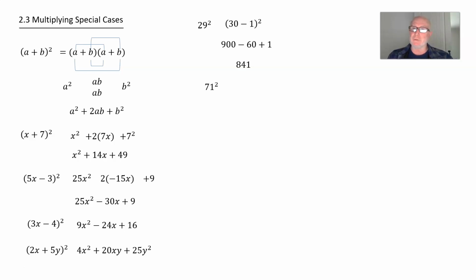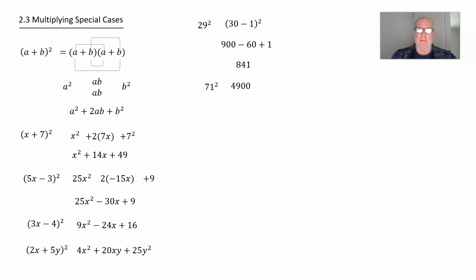Okay, here's one for you to square without a calculator. Putting that into a binomial. Square that and come up with the answer. So pause the presentation, square that, and come up with the answer. We could think of 71 as 70 plus 1. And so 70 is easy to square and 1's easy to square.